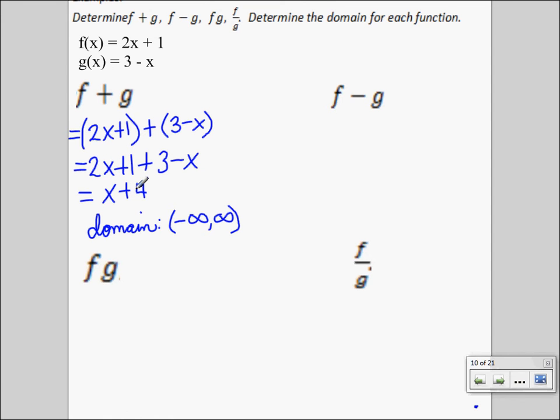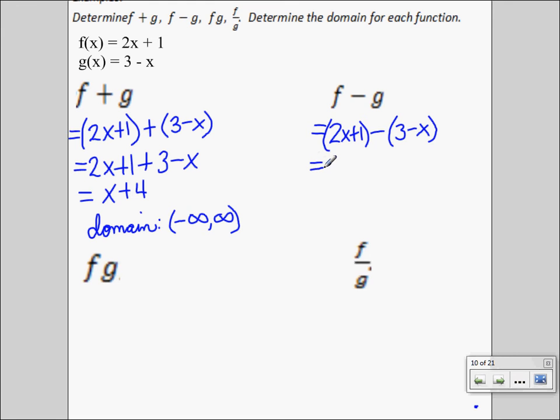Okay, looking at f minus g, what we want to do first is write the f function, which is 2x plus 1. Notice I wrote these in parentheses, and we have our operation, which is minus, open parentheses, and write the g function.